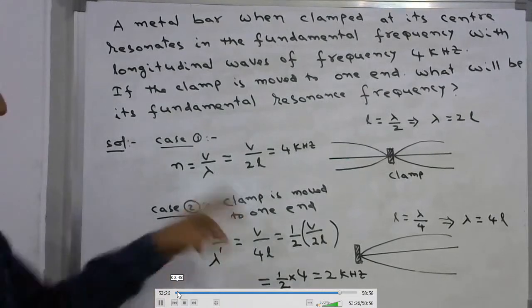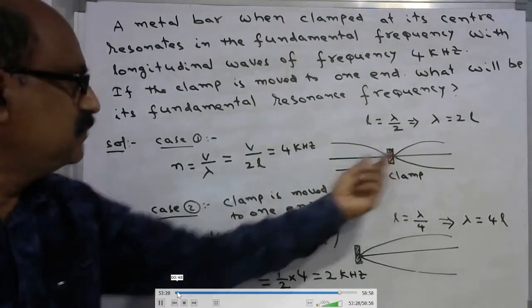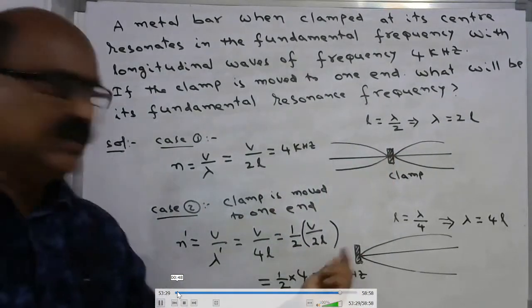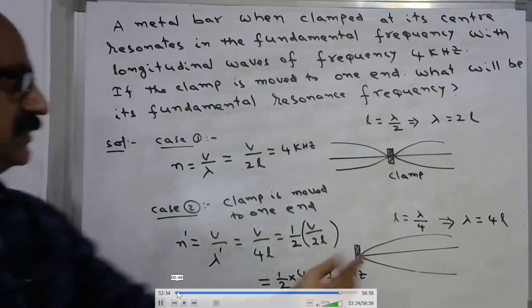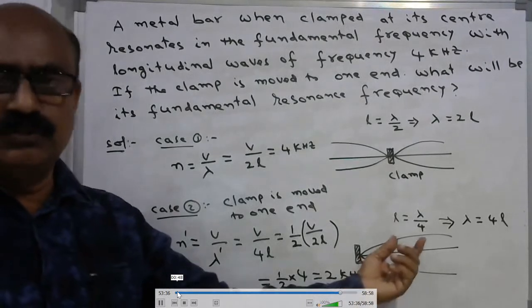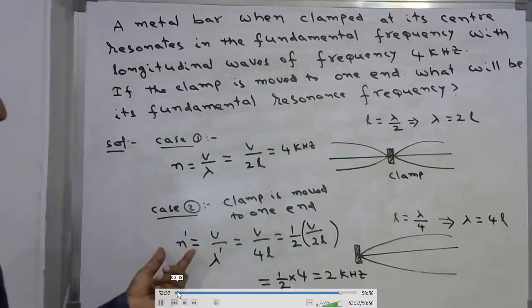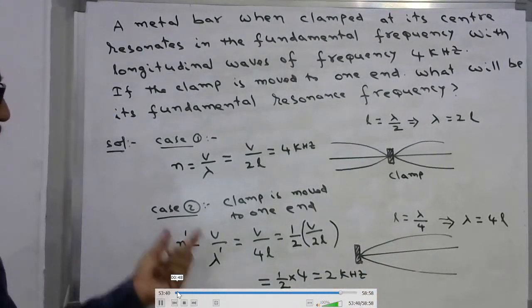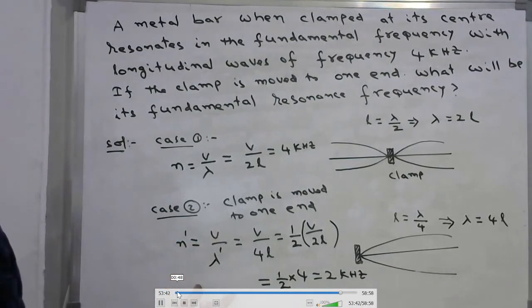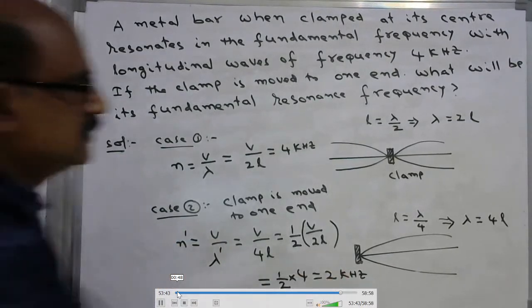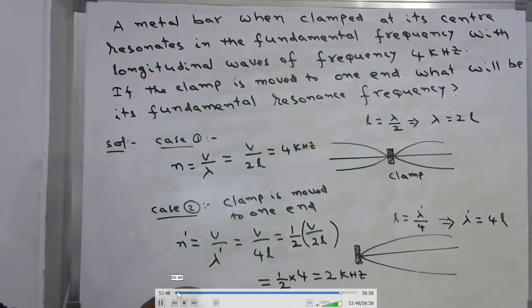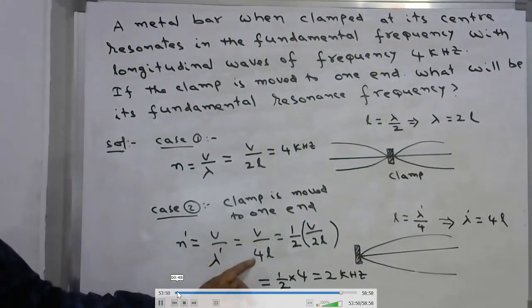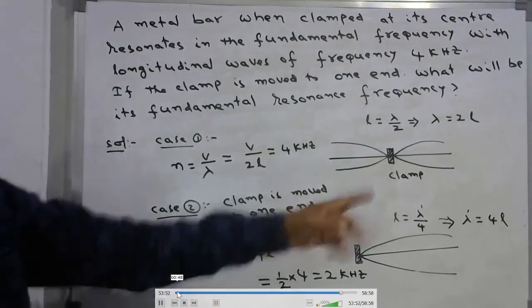And in the next case, the clamp is moved to the other end. Then what happens? It just behaves like a closed pipe. So in this case, the fundamental frequency is equal to V by lambda dash, the new wavelength. So this can be written as V by 4L, because lambda dash is 4L.